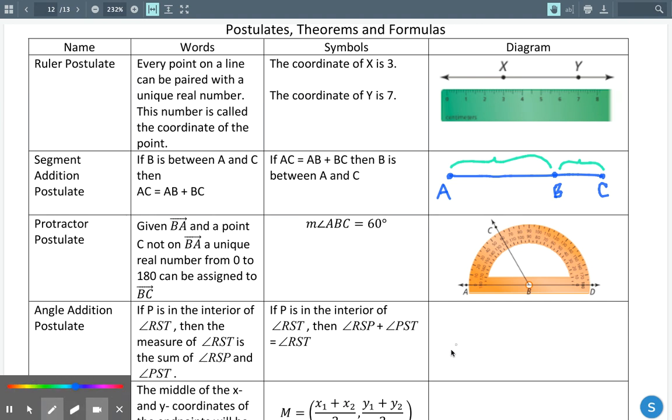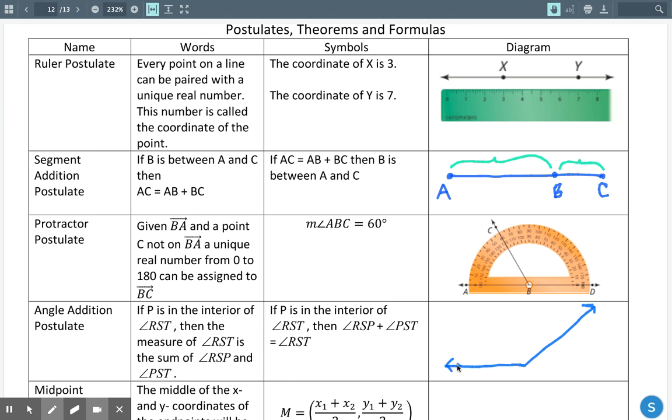Okay, so I'm going to draw R to S to T. So here's my angle. It's just kind of random. I don't need to draw it perfectly.